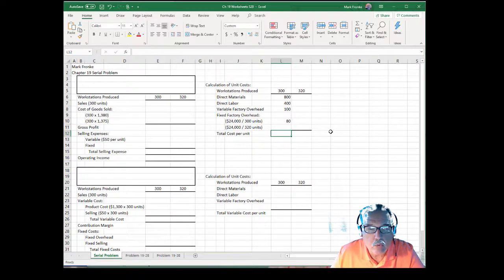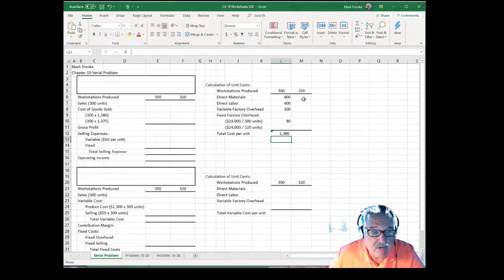That gives us our total unit cost, if we sum these up, of $1,380 per unit. These are unit costs. And this is if we manufacture 300 units.